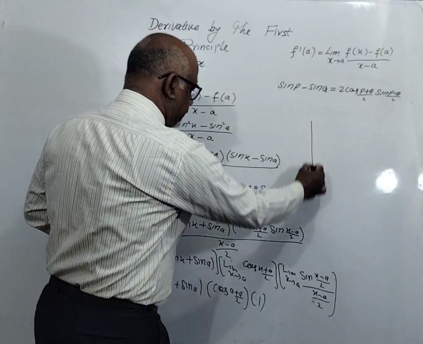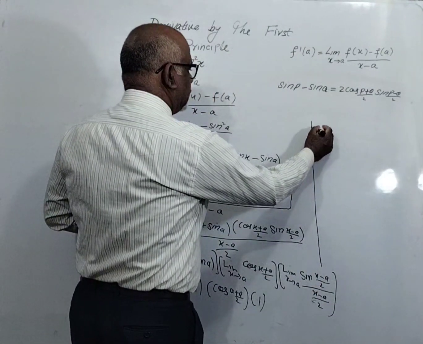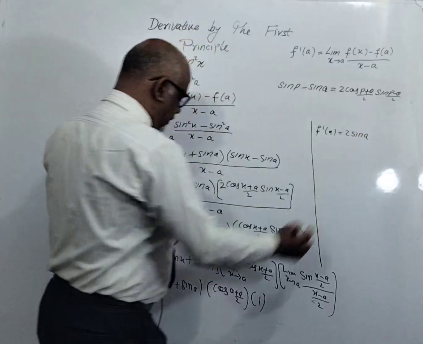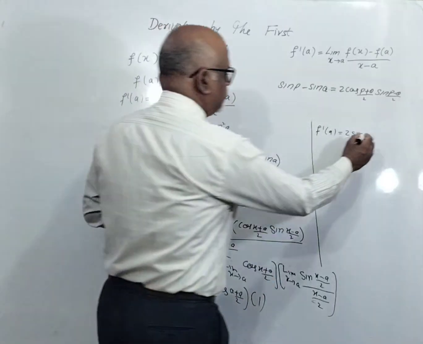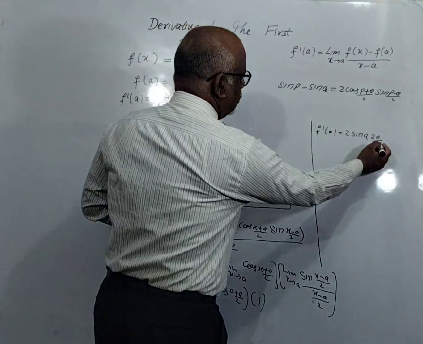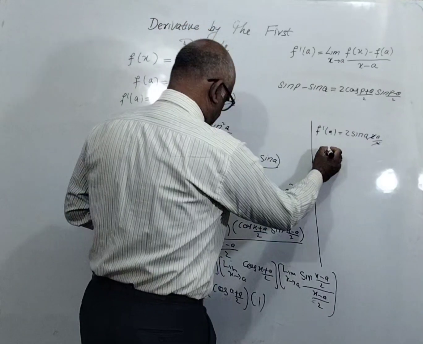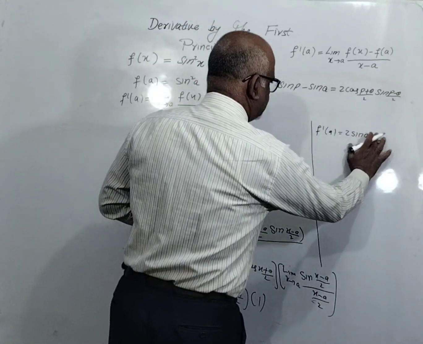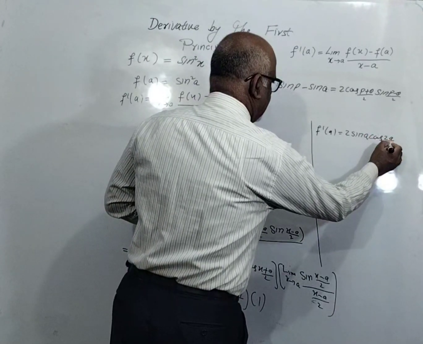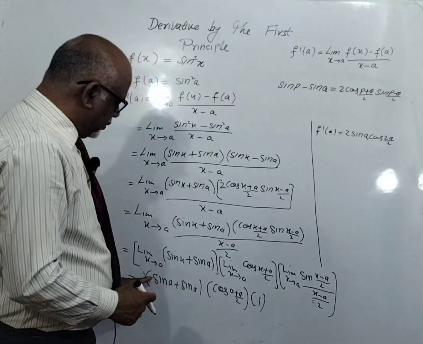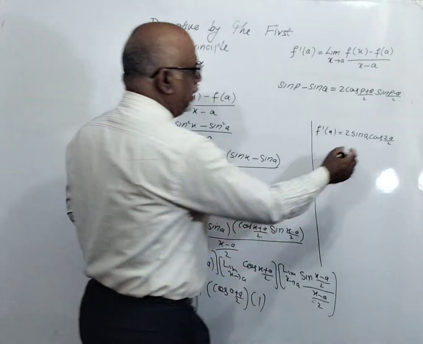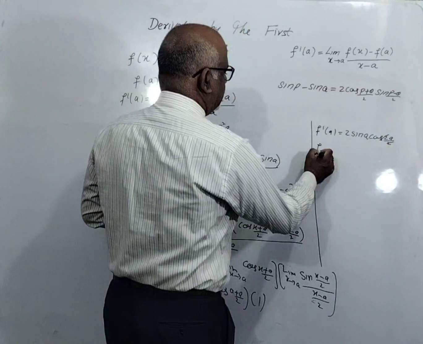So here f prime of a equals 2 sine a, and cos of a plus a divided by 2, times 1. This 2 will cancel out. This is cos of 2a over 2. Sine a plus sine a is 2 sine a, and a plus a equals 2a, so this 2 will cancel out with that one.